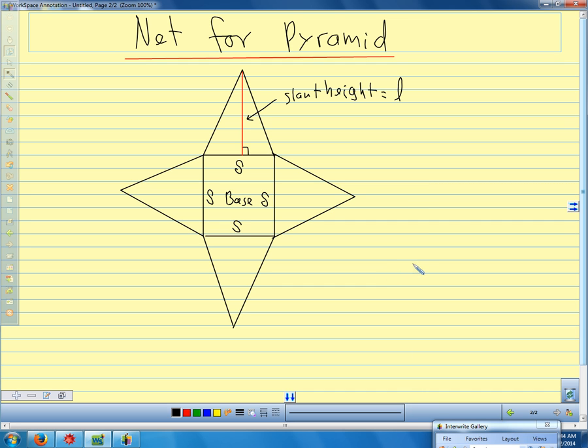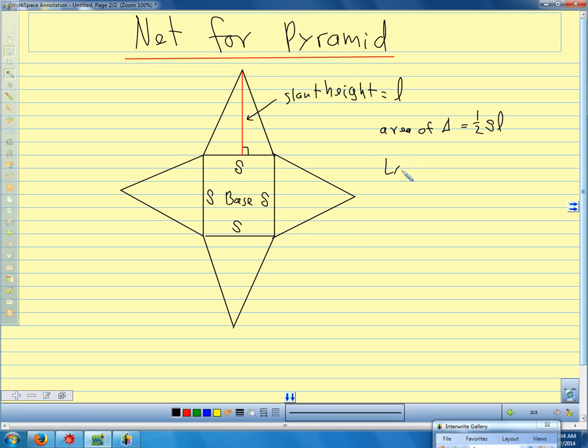So what's the area of one of these triangles? The base is this side, so the base is S. The height is L. So what would be the area of one of these triangles? 1/2 S L. And for this pyramid, we have 4 of them.